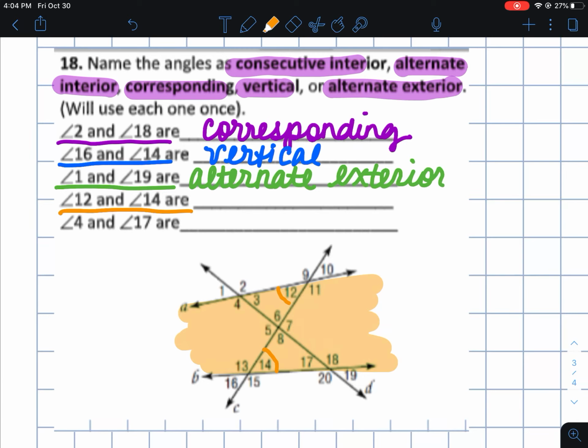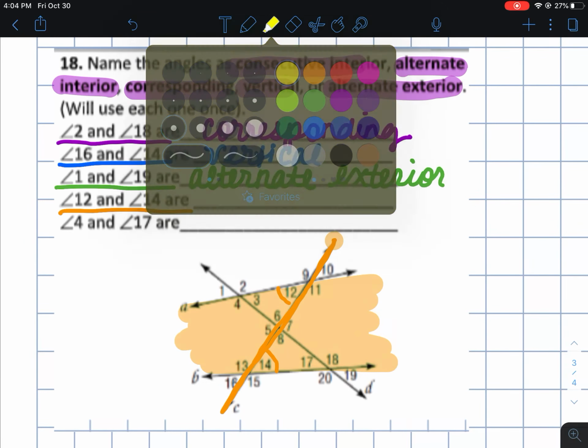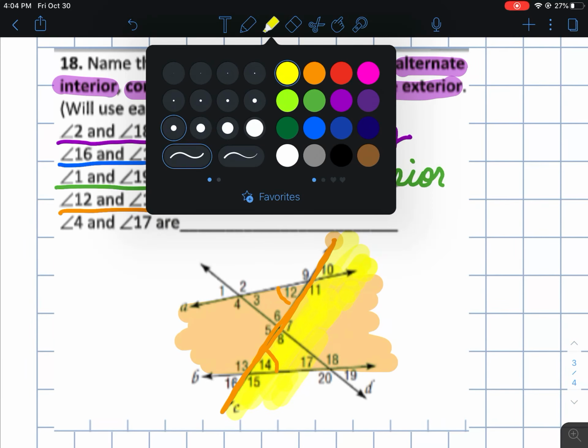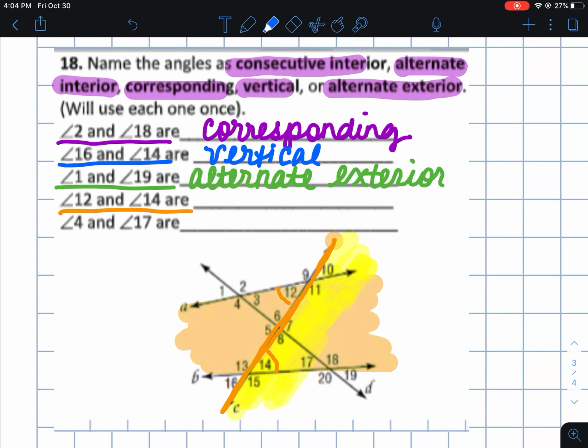Let's see which one makes more sense. This is the transversal right here. Angle 14 is on this side of the transversal, and angle 12 is on this side of the transversal.